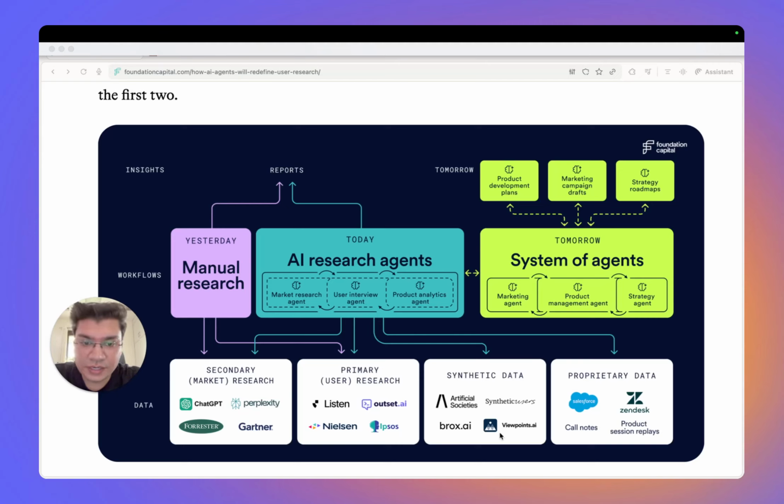In synthetic data, you have different sets of data provided by Artificial Society, Brox, and all those companies. What I'm currently more interested in is the secondary or market research data, which is usually done today by ChatGPT or Perplexity. But there are also traditional companies like Gartner and Forrester.